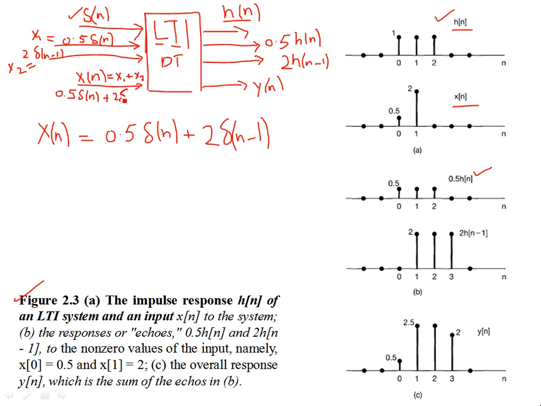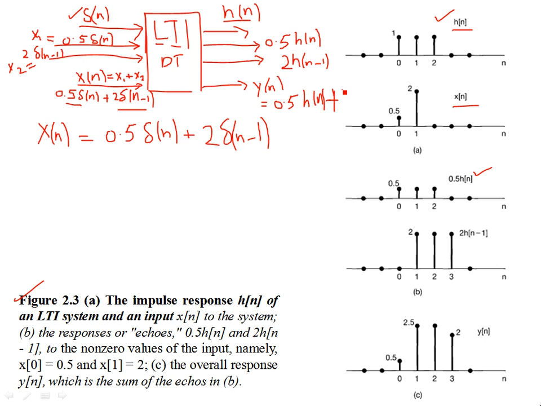Due to the principle of superposition, the response due to these two inputs will be the individual responses superimposed. The individual response to 0.5 delta n was 0.5 h of n, and the response to delta n minus 1 was h of n minus 1.